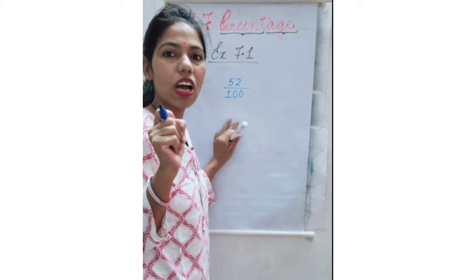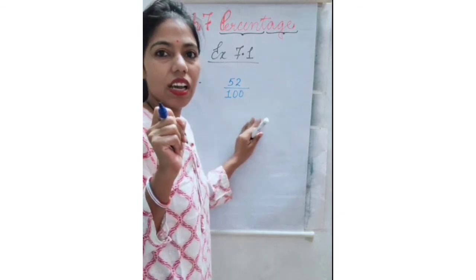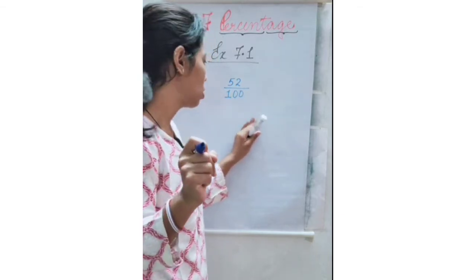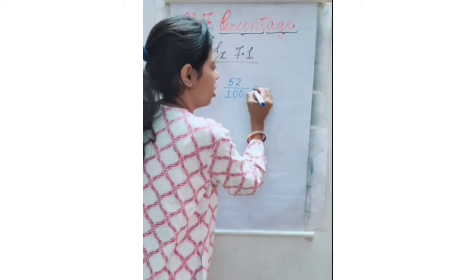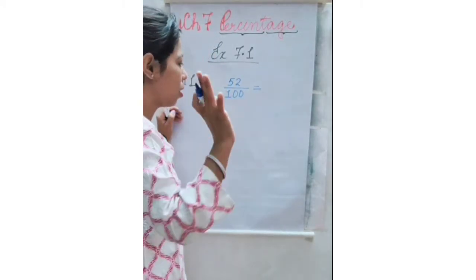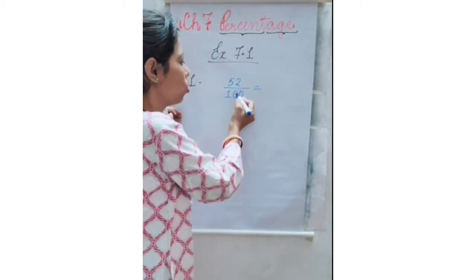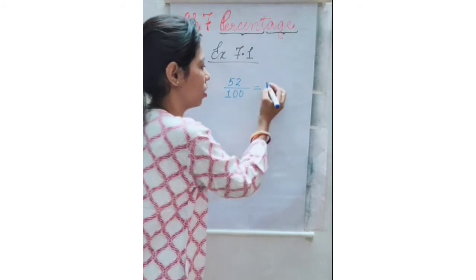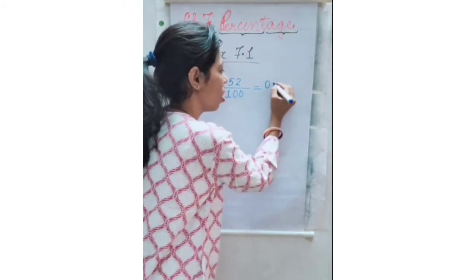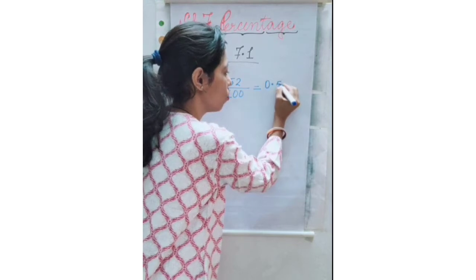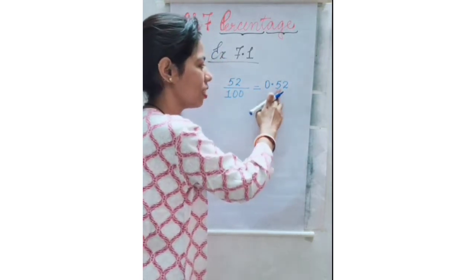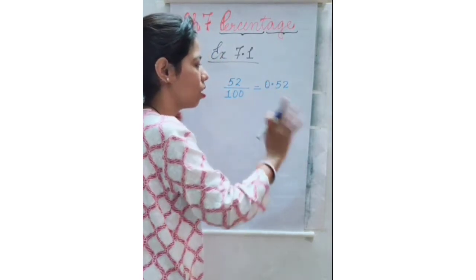After that we have to write it as decimals. In the previous chapter we studied decimals. So it is 52 hundredths. How will we write 52 hundredths? 0.52. 5 is at the tenths place and 2 is at the hundredths place.